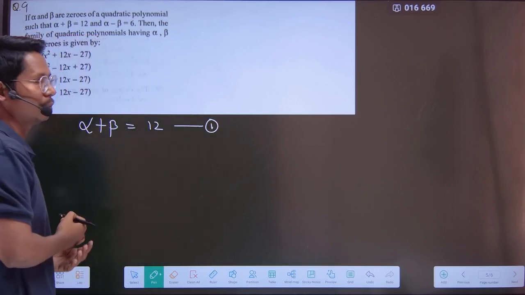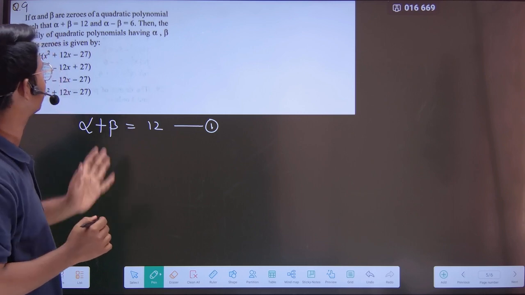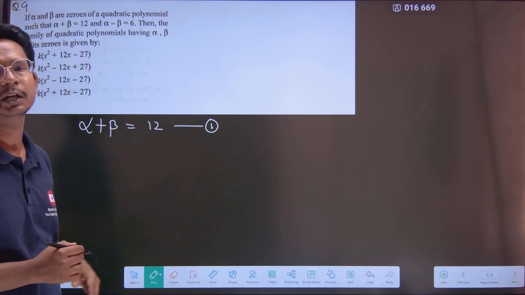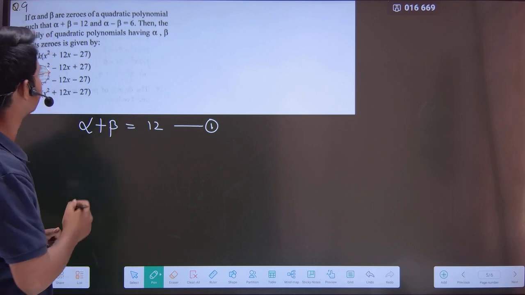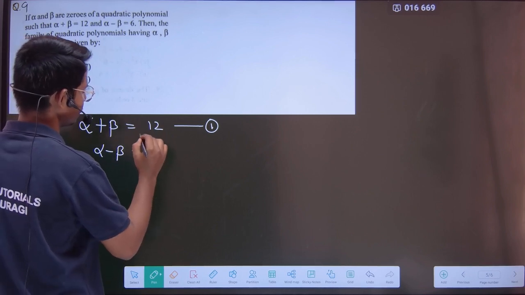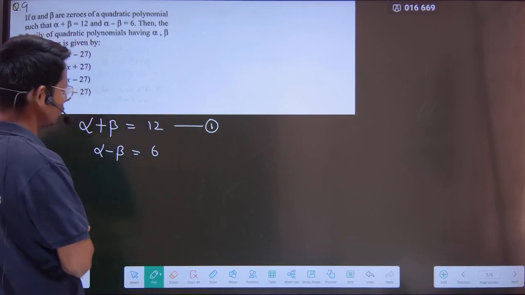What about the product of zeros? We need the product of zeros, but here the difference is given, so we'll try to express the difference in terms of the product. It is given alpha minus beta equal to 6. So what to do?